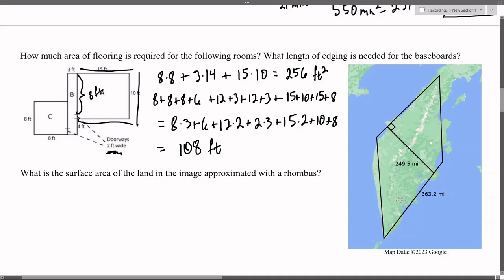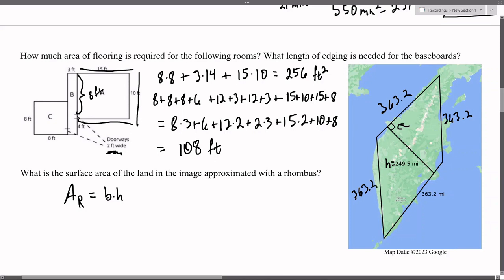Okay, here we have this landmass, and we are approximating the surface area of this landmass with a rhombus. The area of a rhombus is base times height. And you can see here that because we have a right angle here, we know that this is our height. And a rhombus has all the same side lengths, so this is going to be 363.2, 363.2, 363.2.